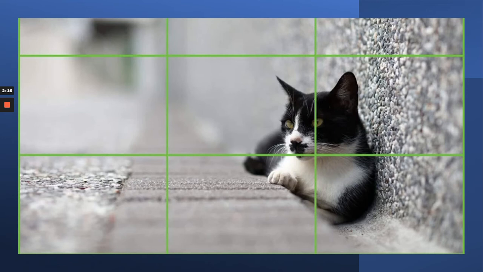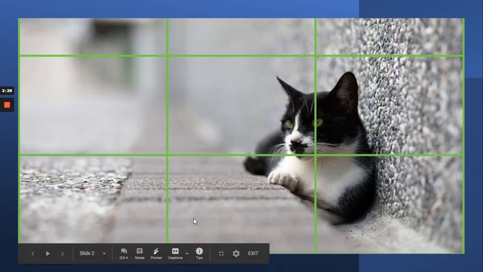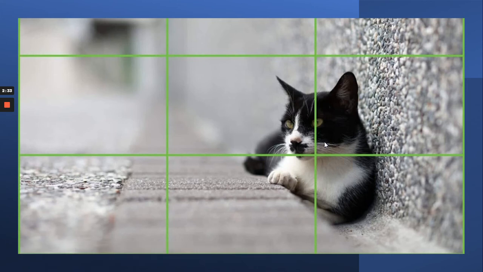This cat, for example, is basically on that line here. It's balanced in the center of this line. So there's an image here, and then there's lots of negative space here, and that's why it's asymmetrical. That's why it's pleasing to the eye.